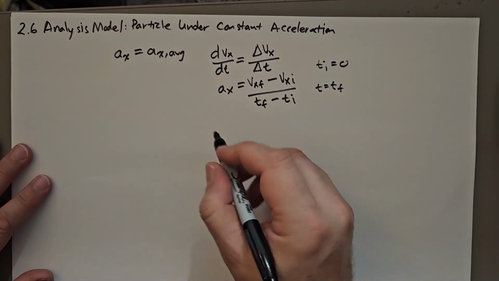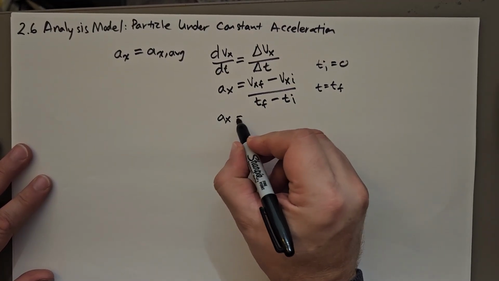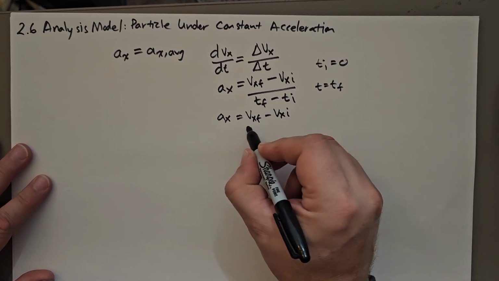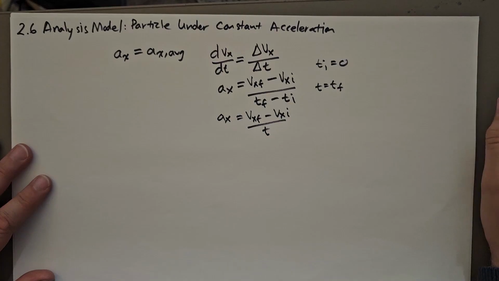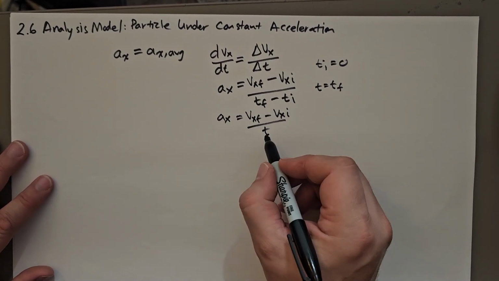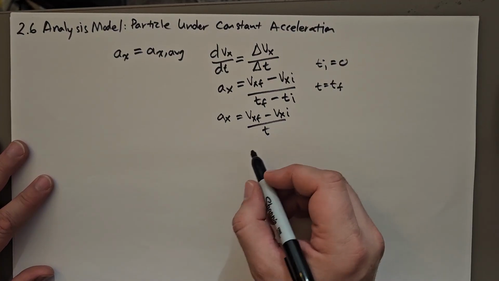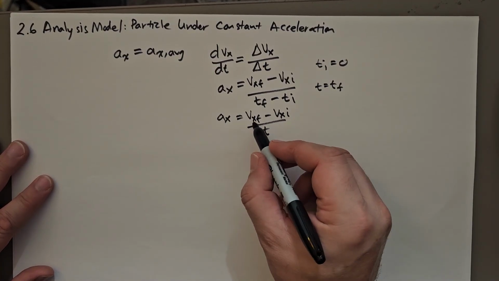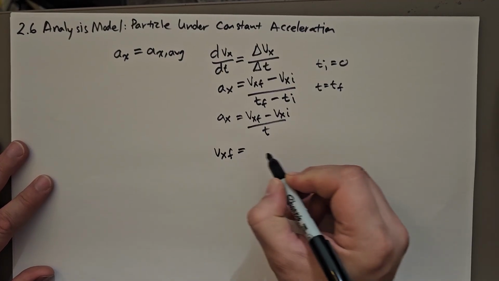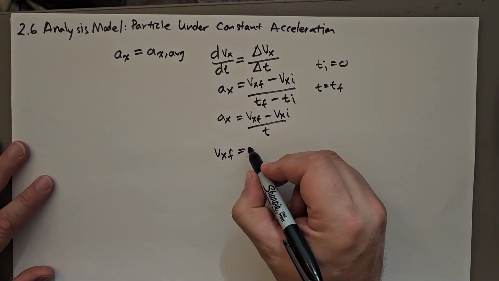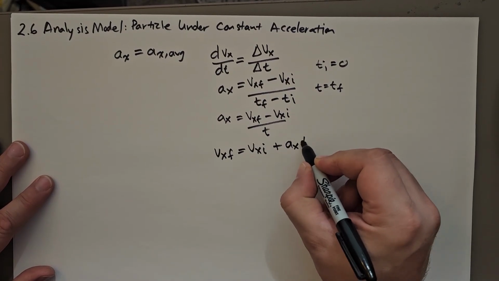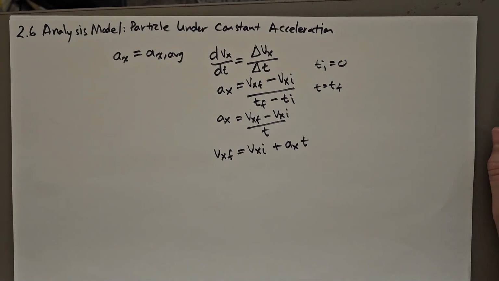Then we could rewrite this equation as the final velocity minus the initial velocity over the time, or the duration of the action. Moving some things around, we multiply both sides by t and move this over there, so we get Vxf is equal to the initial velocity plus the acceleration times the duration of the time.